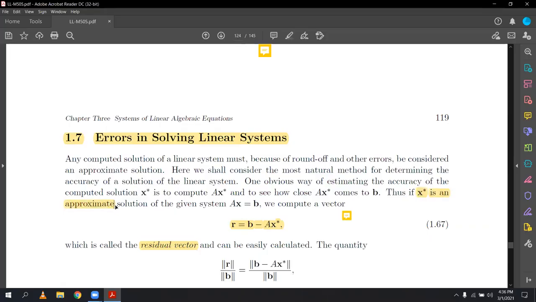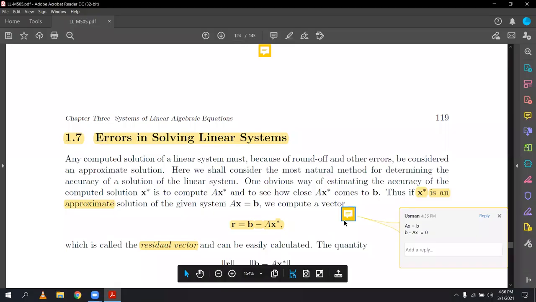And how did we get the approximate solution? Alhamdulillah, we discussed many methods: 4 from the direct methods, 3 from the iterative methods. Any method we use, we find the approximate solution of this one.